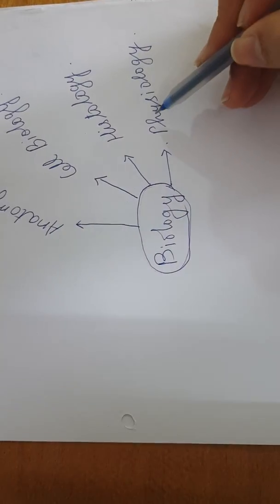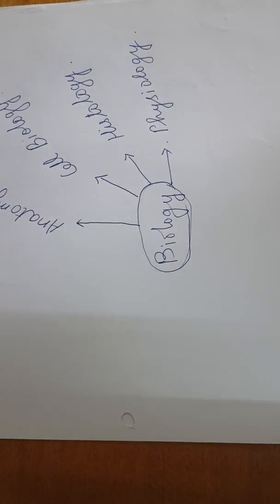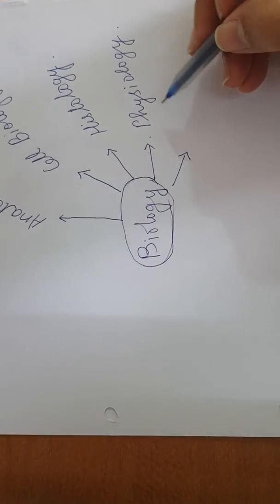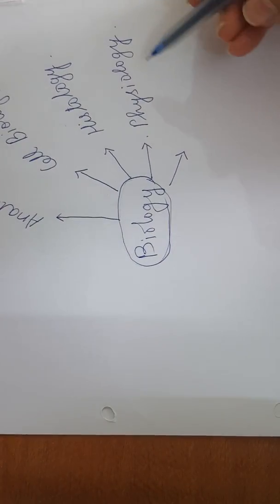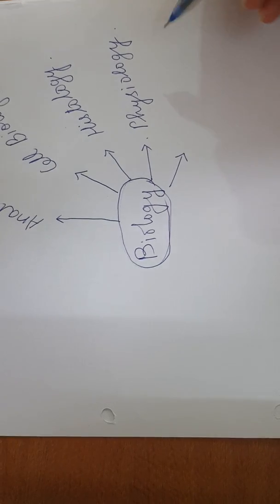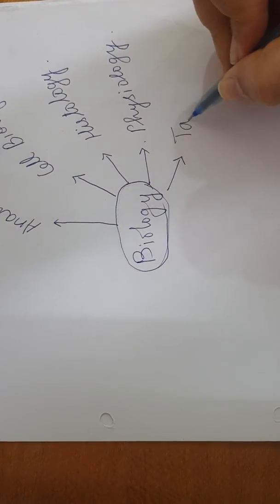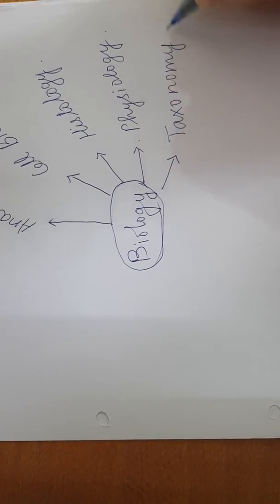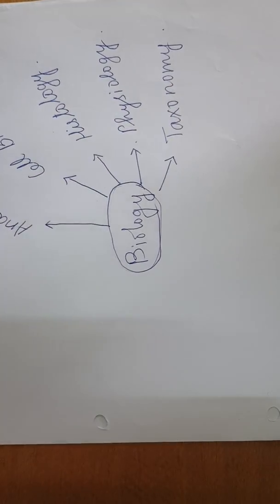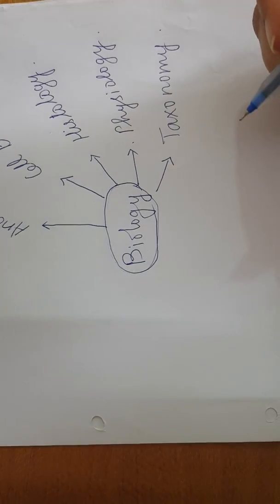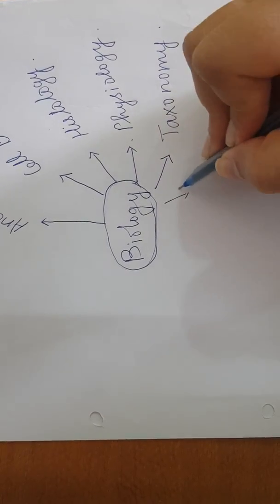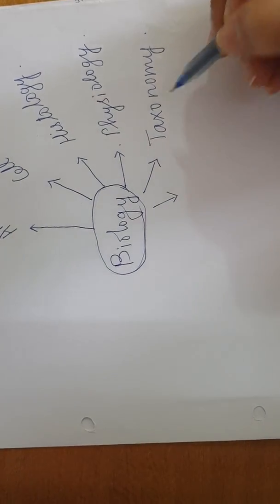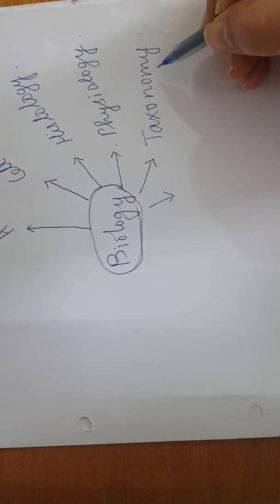Physiology is study of different systems. Say for example, study of digestive system, respiratory system, nervous system. Then we have a term known as taxonomy. Taxonomy is related to how organisms are named, how scientific names are given to organisms. That branch of study is known as taxonomy.